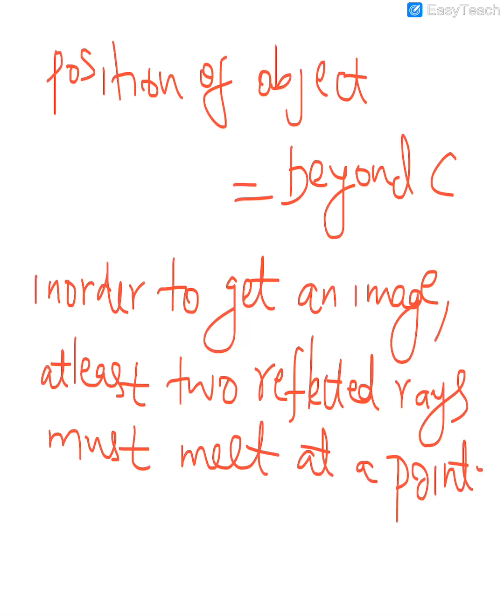So please remember this. In order to get an image, at least 2 reflected rays, it must be reflected rays, they must meet at a point.